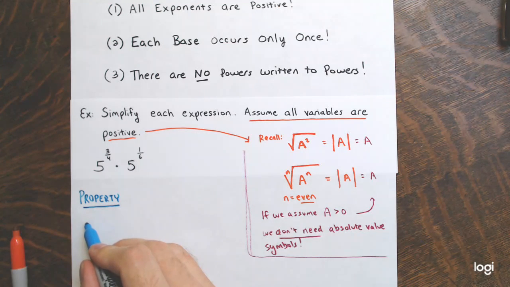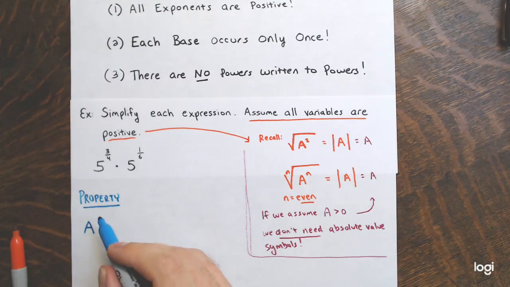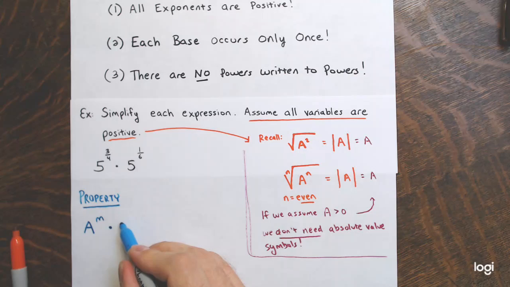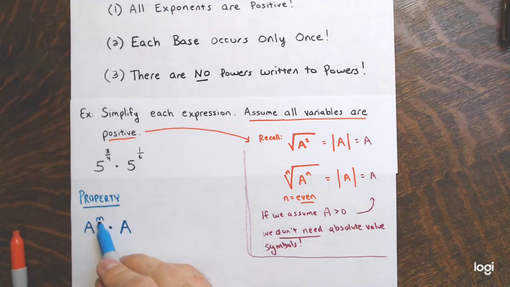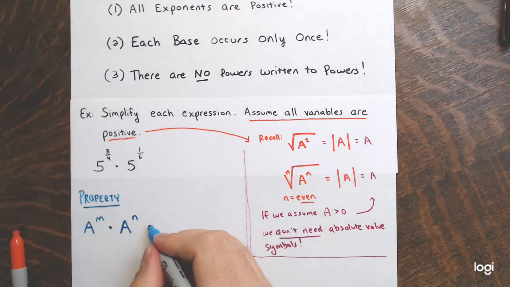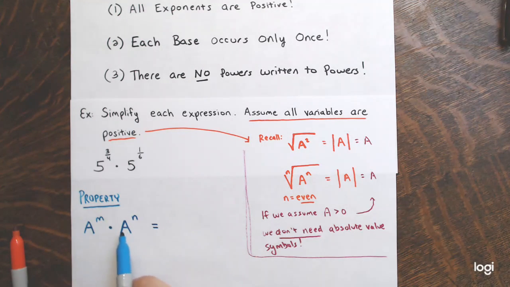If you have some number A raised to the mth power, so here's A to the mth power, and it's multiplied by the same base, base A, exponent n, you can simplify this so you have a single base and not two of the same base.